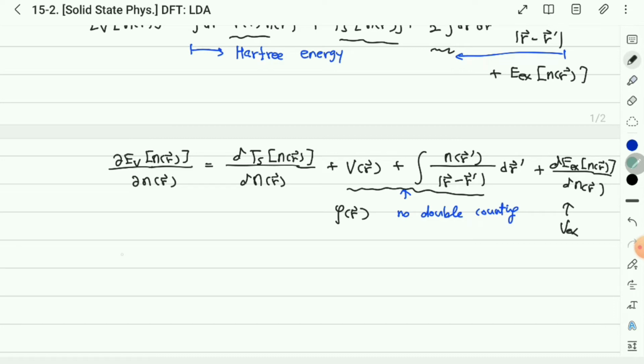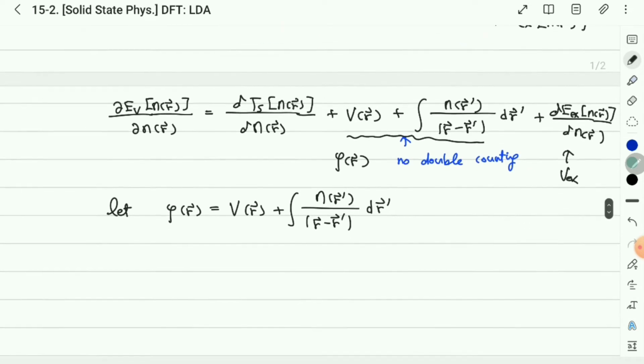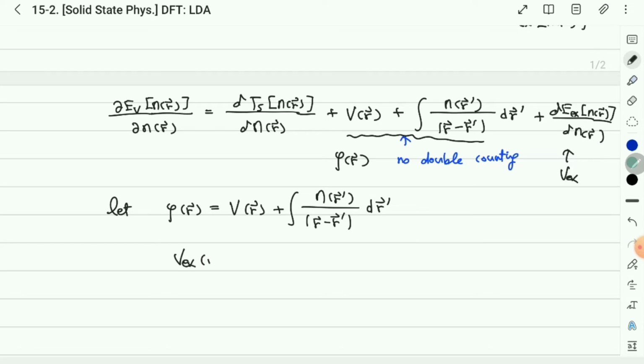And here, let's denote that phi(r) is V(r) plus the Coulomb interaction, the integral of n(r') over |r minus r'| dr', and also the exchange potential can be written as delta E_x[n] over delta n(r). Here is the potential energy, and it is exchange potential energy.